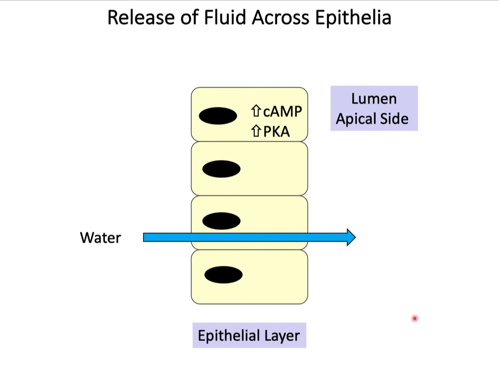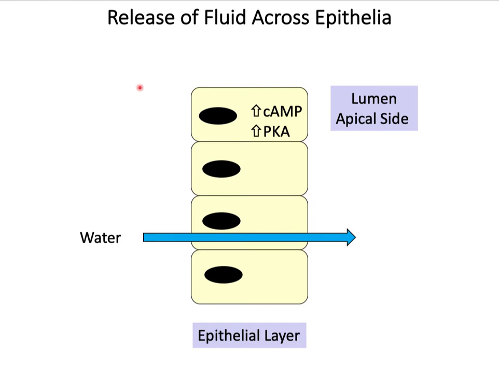So the third example of what can happen downstream of protein kinase A occurs specifically in the epithelial cells. And in this case, the stimulatory G protein signaling pathways are activated, and you can observe the movement of water from the basolateral surface of the epithelia to the apical side.